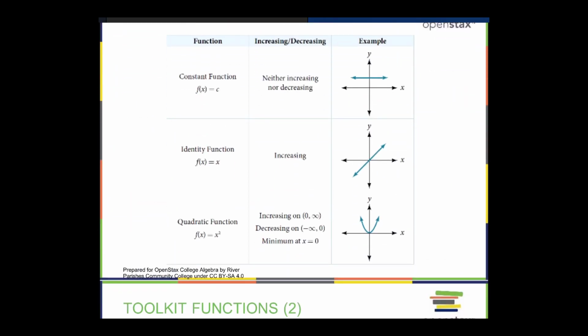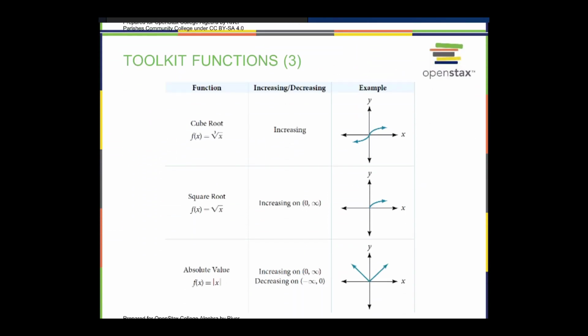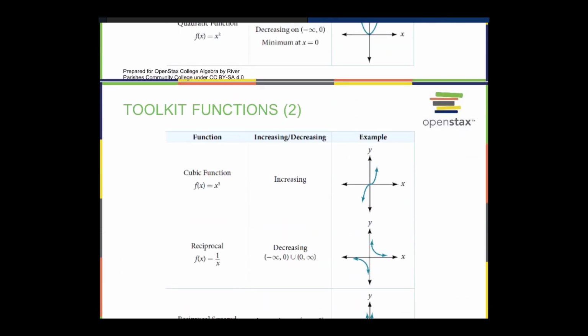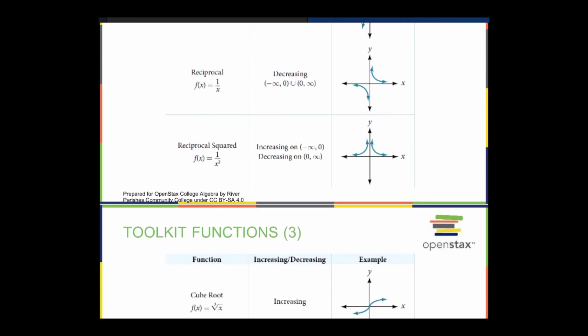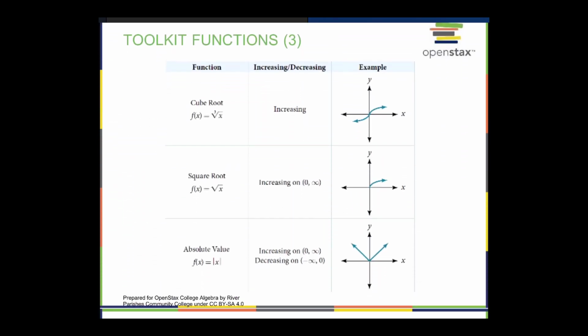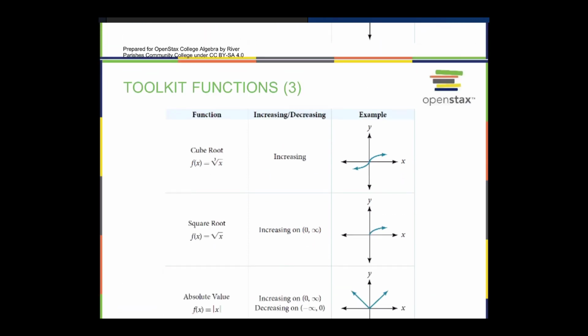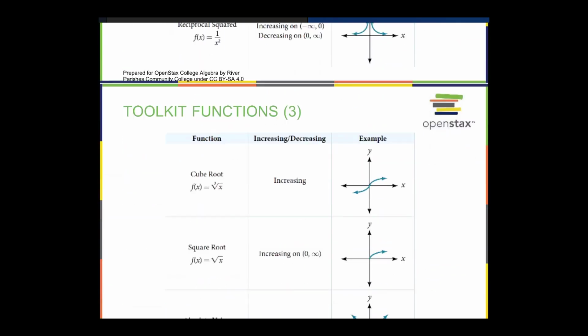All right, so you can look back through in the textbook, or you can go through this PowerPoint set of notes and look at the toolkit functions: the constant, identity, quadratic, cubic, reciprocal, reciprocal squared, cube root, square root, and absolute value, and look at the intervals for which each is increasing and decreasing.